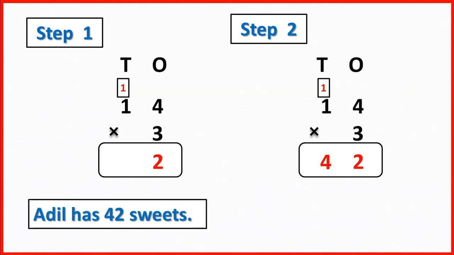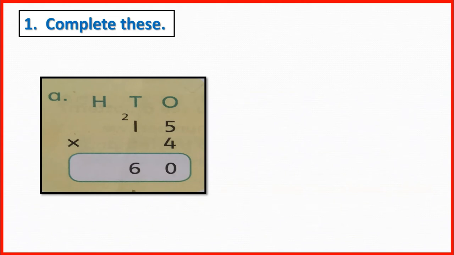Now I am going to do page number 72, question number 1. Complete these. One has been done for you. In which 15 multiply by 4. Start with ones. 4 fives are 20. 20 means 2 tens, 0 ones.